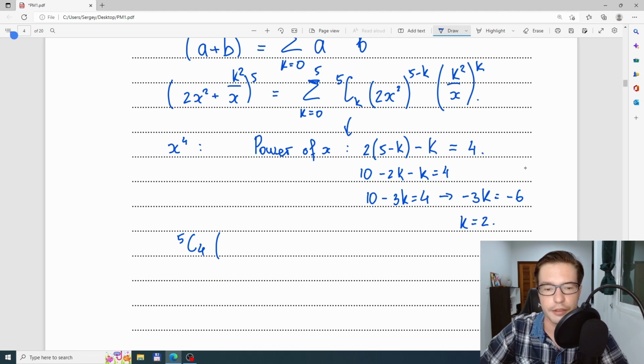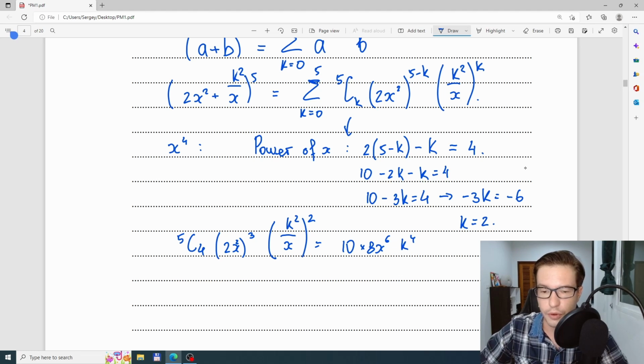Let's substitute it back. 5 choose 4, then (2x squared) to the power of 3, (k squared over x), and now we know that k equals 2. Okay, now let's simplify that, and we'll get 10 times 8 x to the power of 6, k to the power of 4 over x squared.